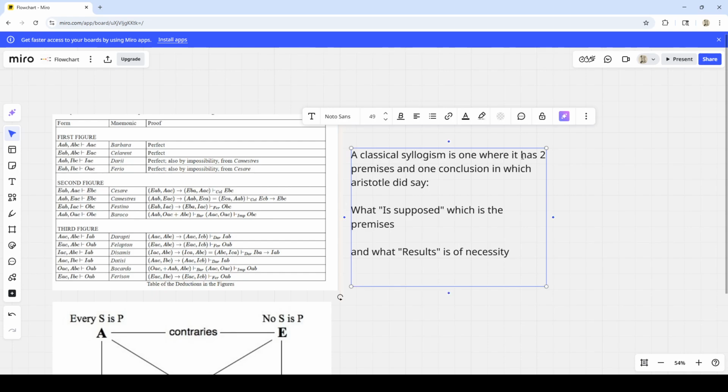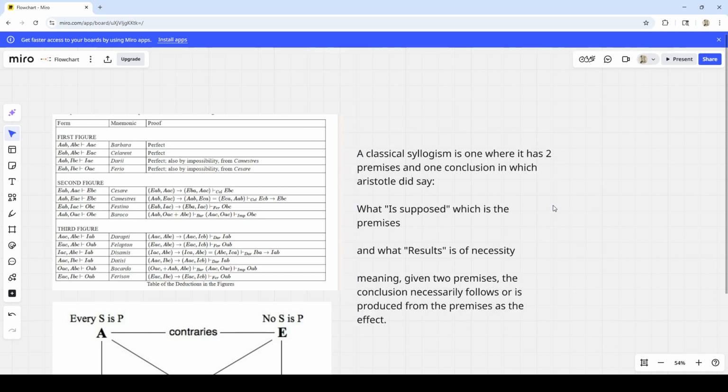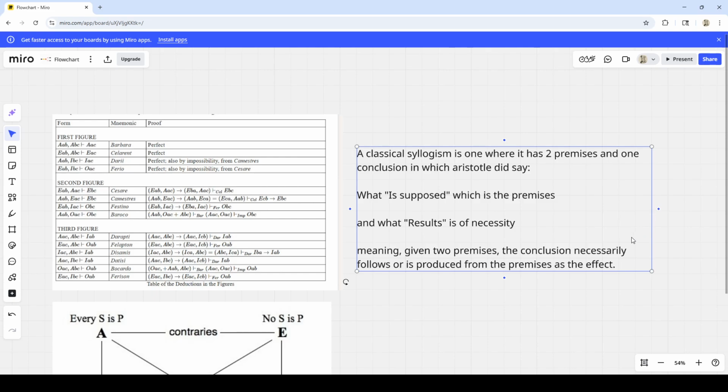Meaning, given two premises, the conclusion necessarily follows or is produced from the premises as the effect. So that's just the basics of a syllogism.